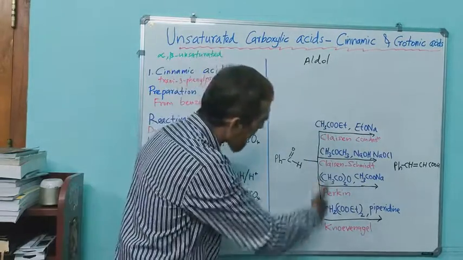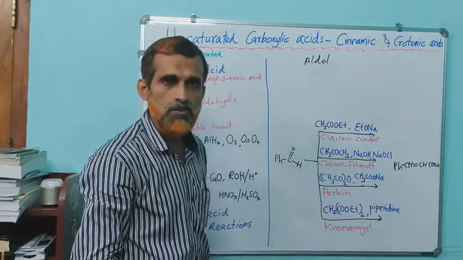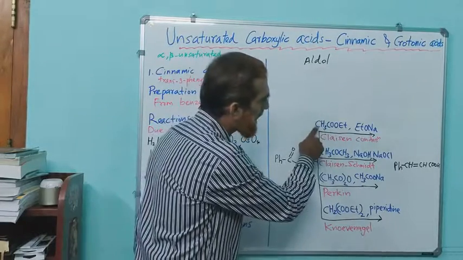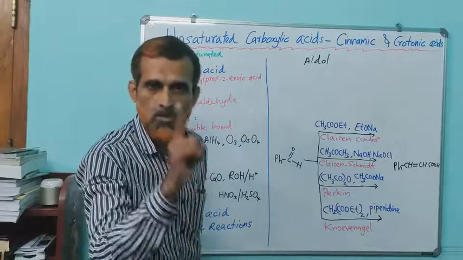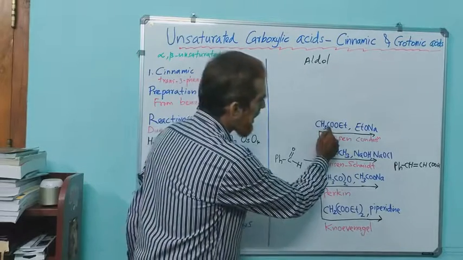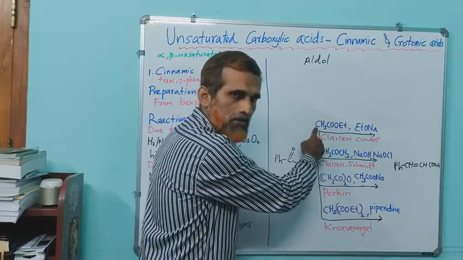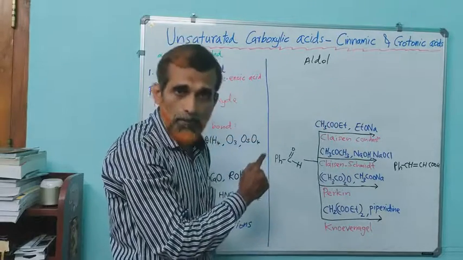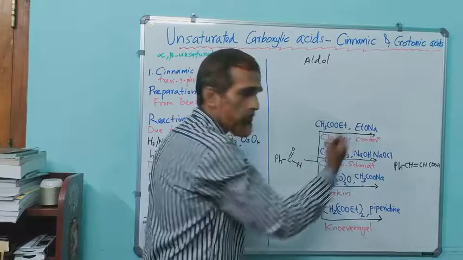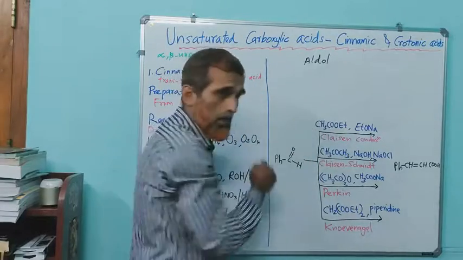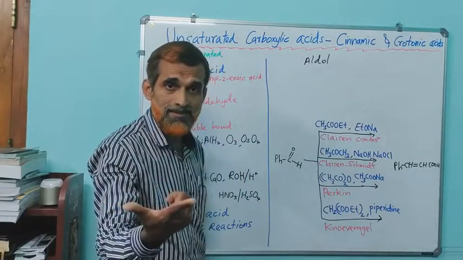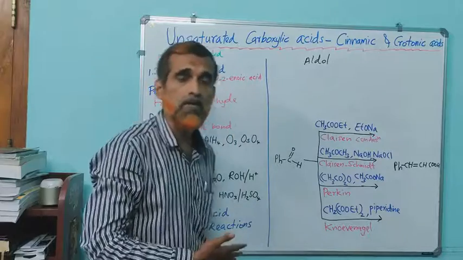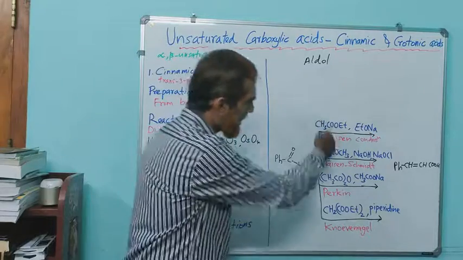So what is common in all these reactants? They all contain alpha hydrogen, that's the common thing. And this is quite reactive because of the carbonyl group, you know, it is highly electron withdrawing and forms a carbanion which is resonance stabilized. Okay, that's what happens in aldol condensation also. So that is one thing.